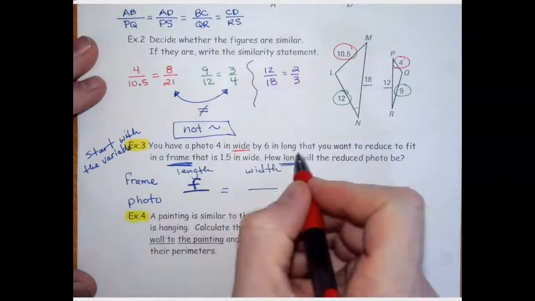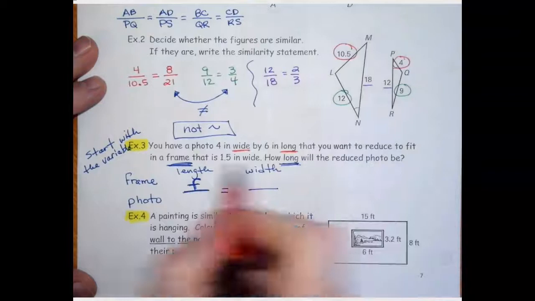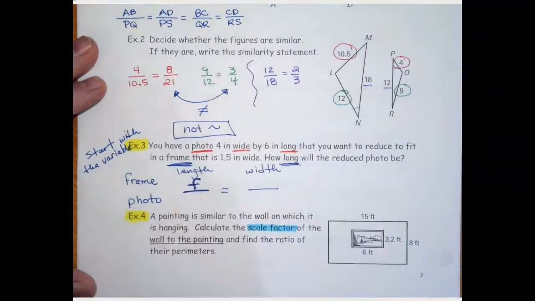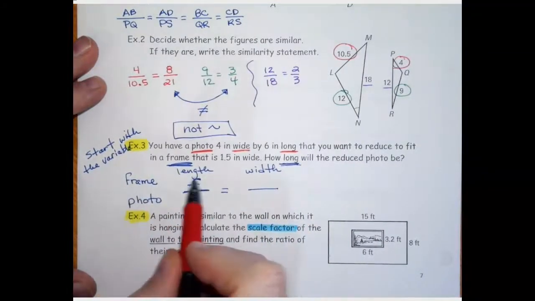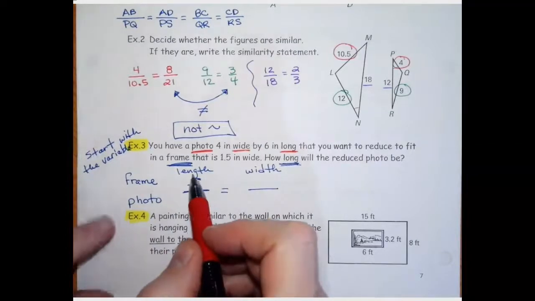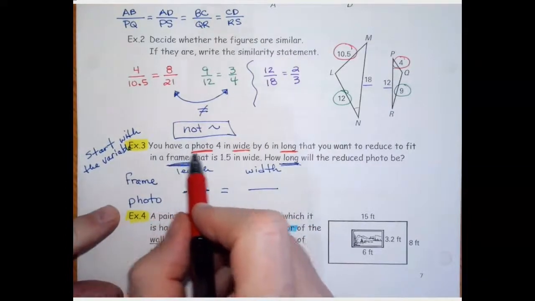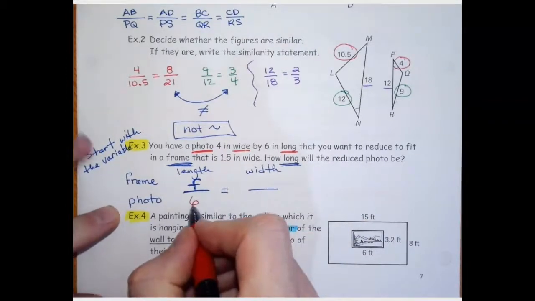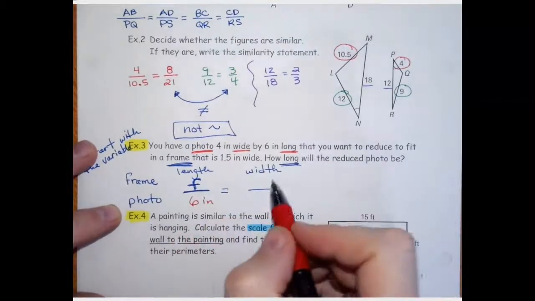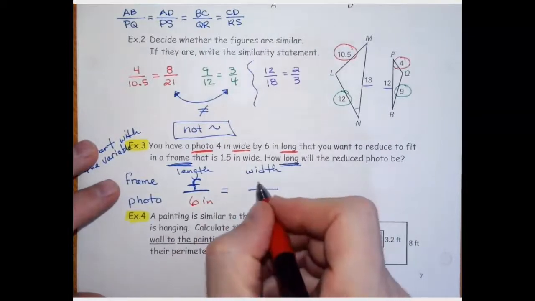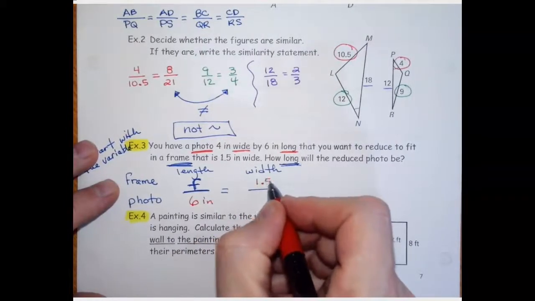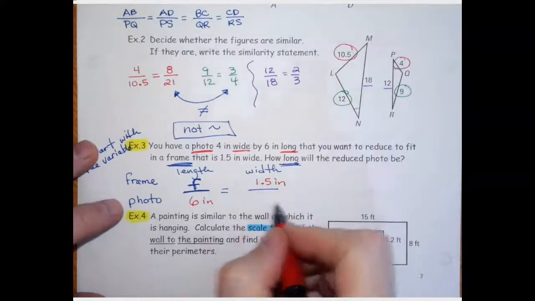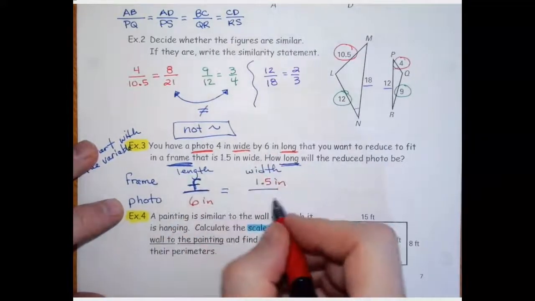We have width and we have length, and we have a photo and we have a frame. So the thing we're trying to find goes here. Now I need the length of the photo. So the photo is 6 inches long. So that's going to be 6 inches there. And then the width of the frame is 1.5 inches. And the width of the photo is 4 inches.